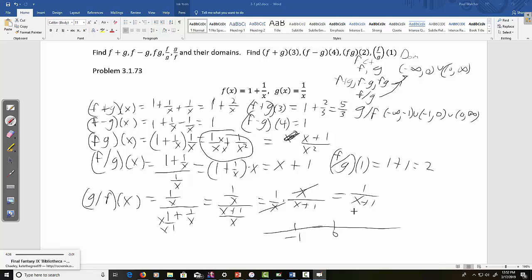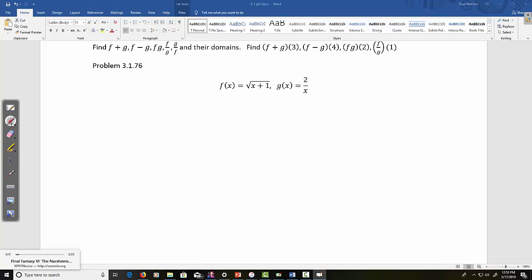Let's do one more problem, and then I think we'll be finished with this section. So this is problem 76 from 3.1. I have a very similar g to last time, 2 over x instead of 1 over x, but f of x is this root. So if we look at f plus g, not as much simplification this time because of that root.